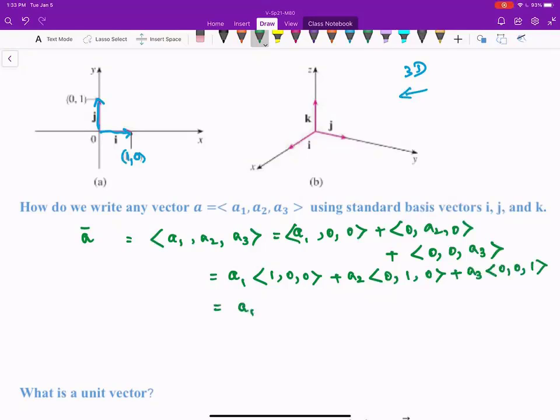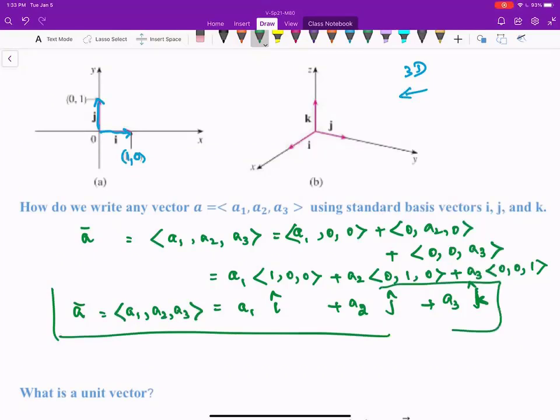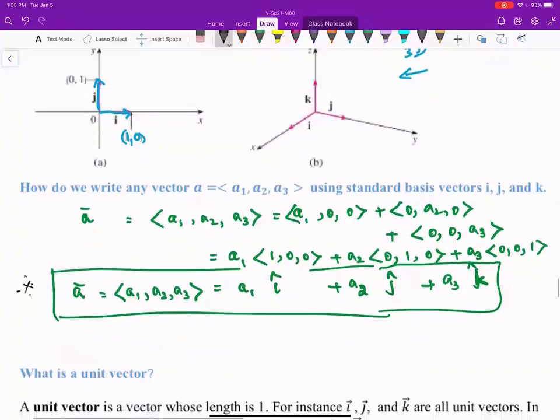So it's A1 times the standard basis vector I, then A2 times the standard basis vector J, plus A3 times the standard basis vector K. So any vector A having components A1, A2, A3 can be written in terms of the standard basis vectors in this form, A1I plus A2J plus A3K. This again will be used quite often in our problems and in general for any use of vectors.